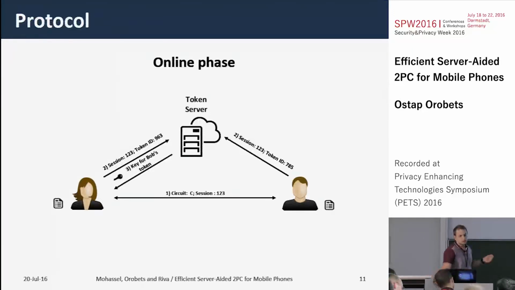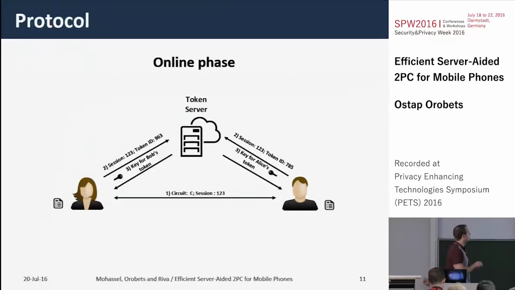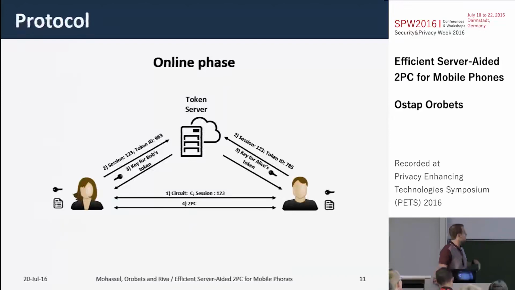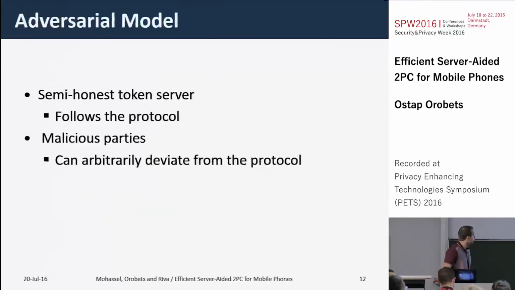The server sends Alice the keys from Bob's token file, and sends Bob the keys from Alice's token file. Having that, the server goes away, and the two parties perform the computation on their own. At this stage, the server is not needed anymore.